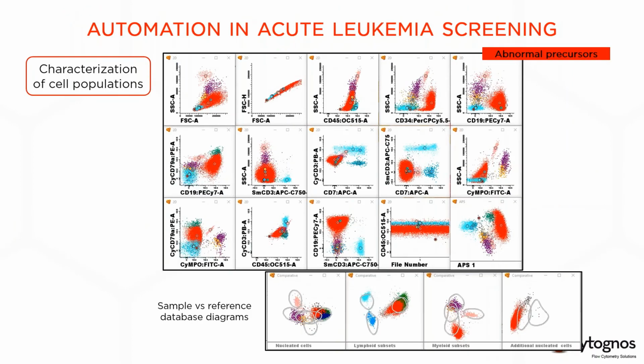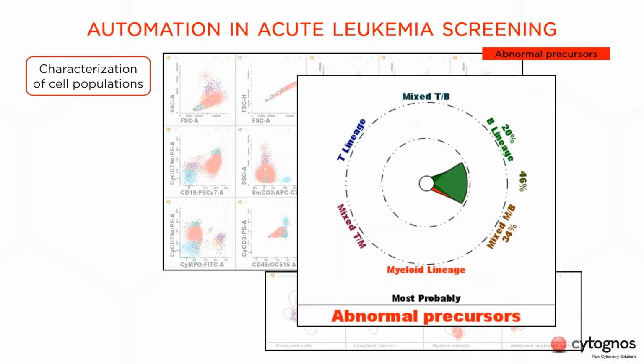Okay, let's see an example of automation in acute leukemia screening. So we get all the cell subsets in our sample identified and characterized. And also we get a compass diagram pointing out the cell lineage, the T, B, or myeloid lineage, that the aberrant cells are more likely to belong to.